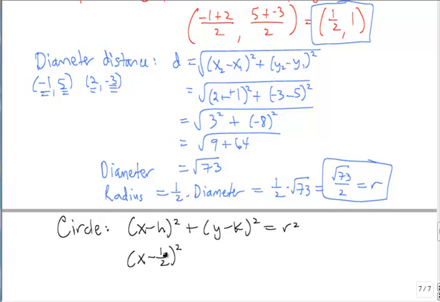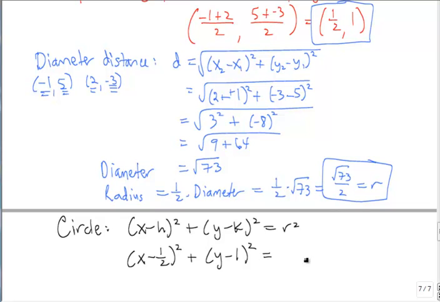Remember, what's inside the parentheses should have the opposite sign of what you want your center to be. We want positive 1/2, so I need to have a minus 1/2 inside my parentheses. And the same is going to go for the 1. So I'm going to have plus y minus 1 quantity squared, because I want a positive 1 up here for my center.